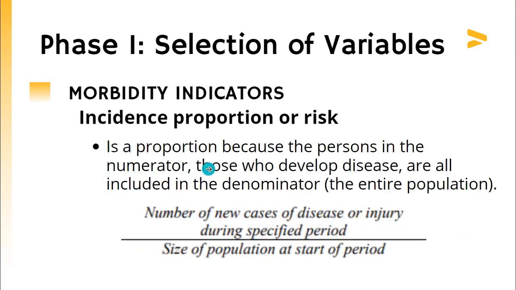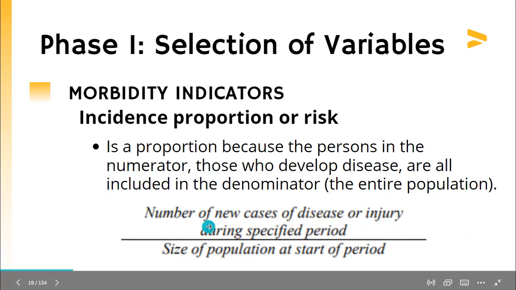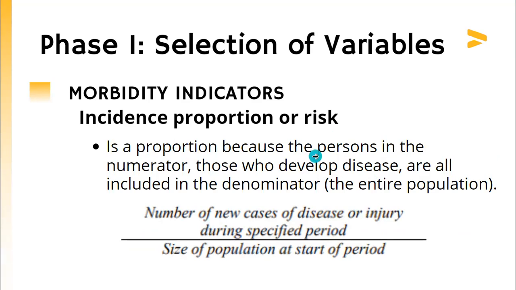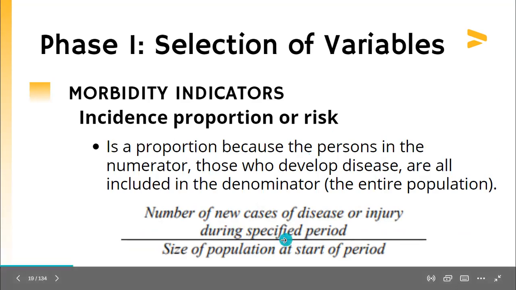Since this is a proportion, it is better expressed as the number of people who develop the disease over the entire population. The number of people who develop the disease or injury in a specified period refers to that subset of the entire population who has the infection.